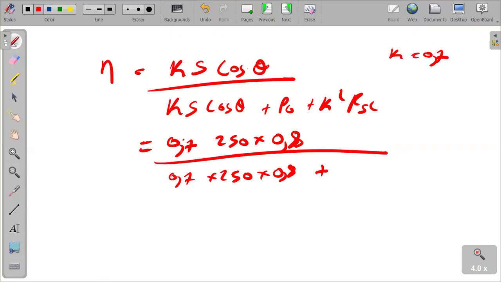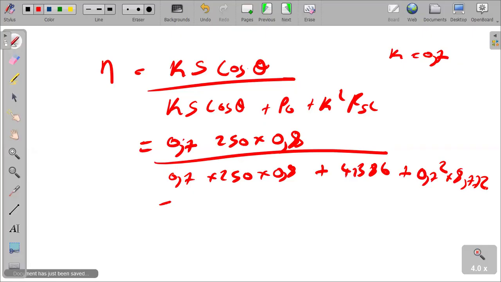plus PO, which we now have, 4.386, right? Plus K squared, which is 0.7 squared times 8.772. Right, so we end up having 94.